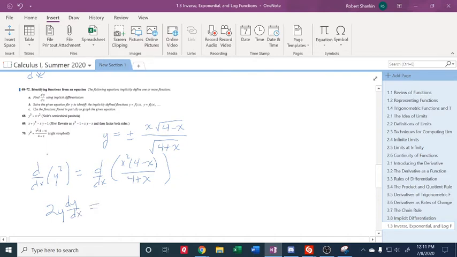Notice you only get one dy dx, so that part's going to go really quick. When I get this answer on the right hand side, although it'll be complex, all I'm going to have to do is multiply both sides by 1 over 2y, and I'll have my final answer.